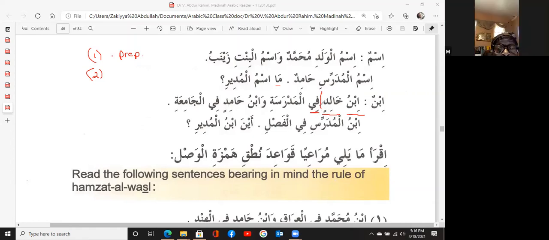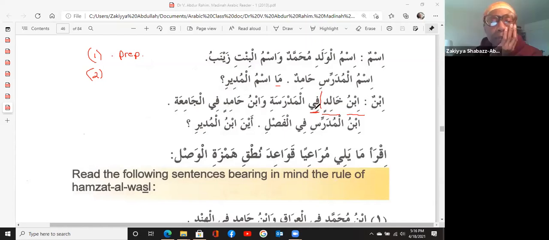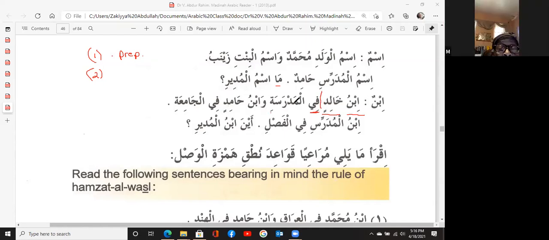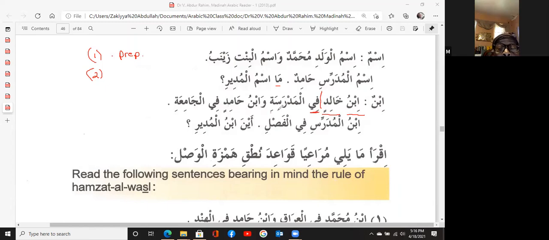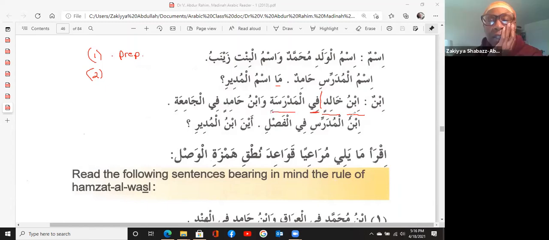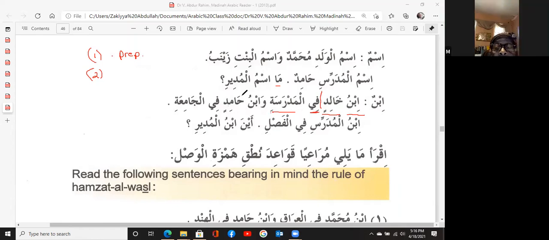Good. Al-Mudar is in the classroom, and it's madrasa, at the Madrasa school. Is school, right? Good. His son, don't say his.